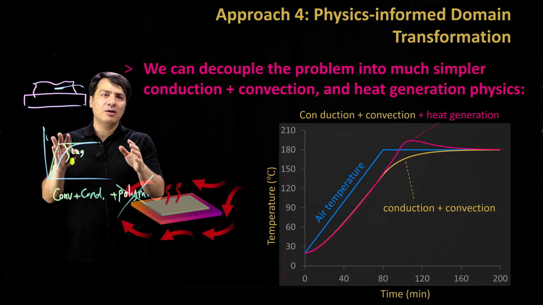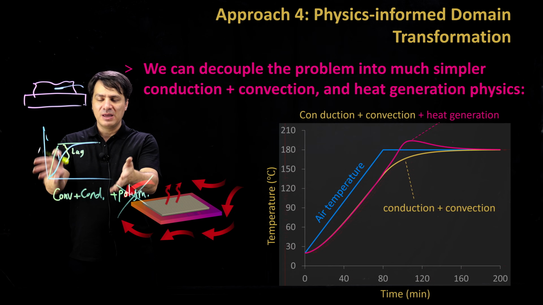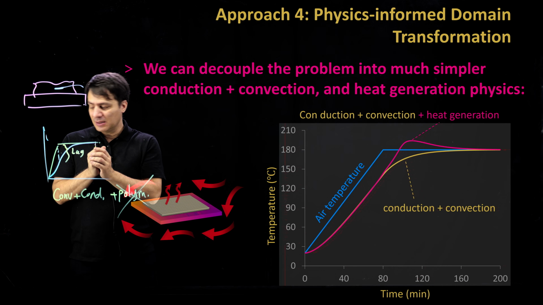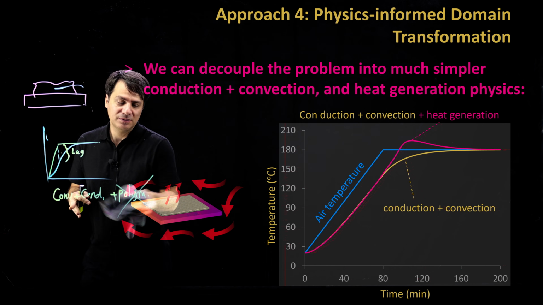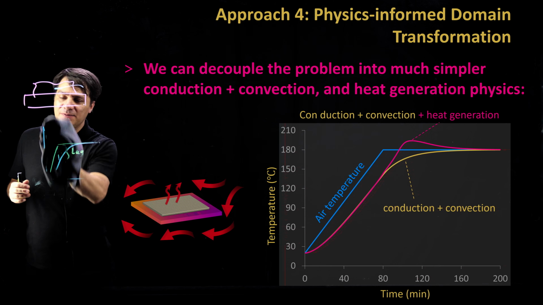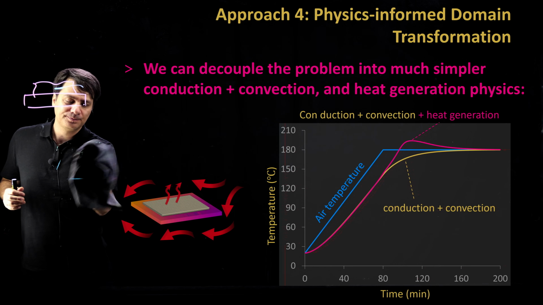We have a lot of understanding about this physics. We actually have a closed form equation even for predicting something like that. Instead of training a model to directly predict Tmax, this is what I'm going to do in this case.